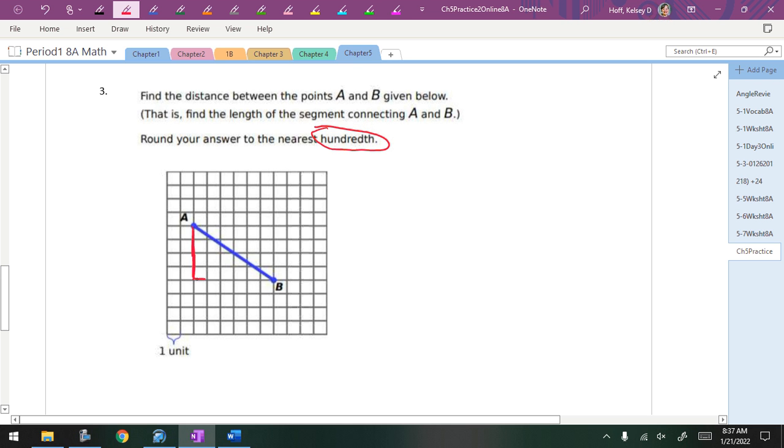Very good. We want to make a right triangle here, okay? How tall up and down is that triangle? 4. Okay, so we start here. 1, 2, 3, 4, 5, 6.